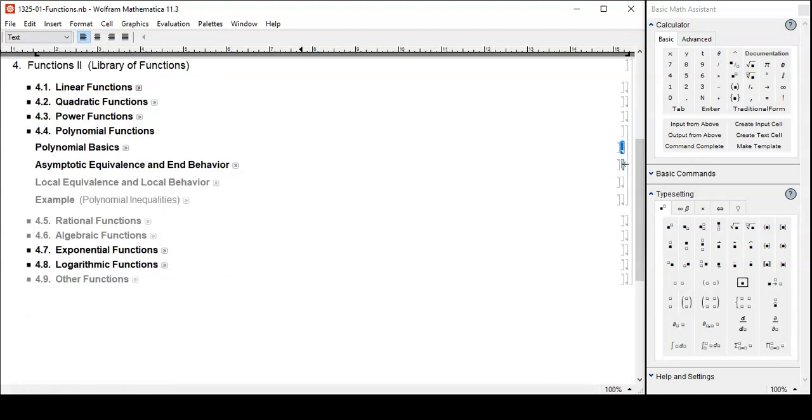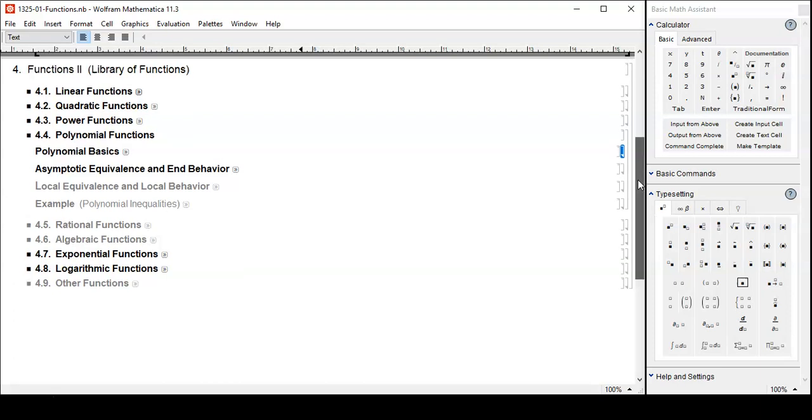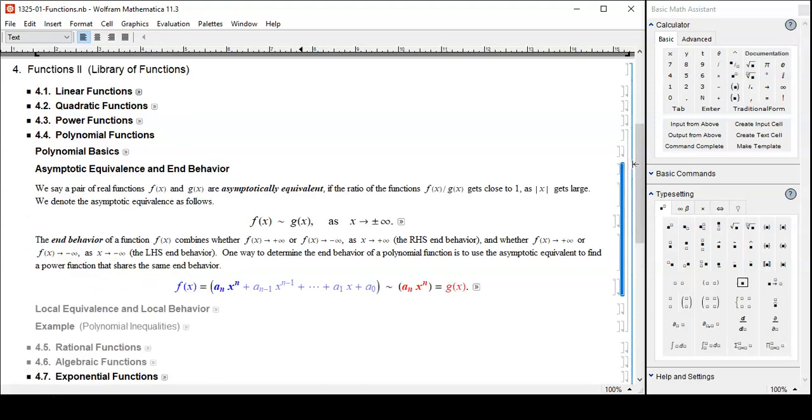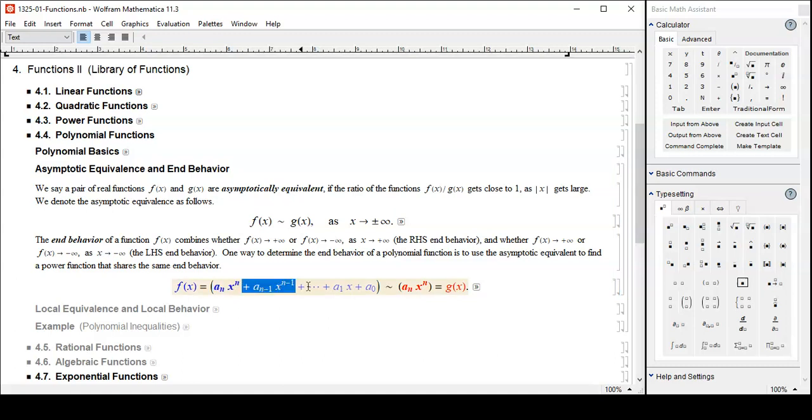Next topic, asymptotic equivalence and end behavior. This too should be familiar to everybody, even though you may not be completely comfortable with the notation. The idea is this. The end behavior is determined by the leading term only. Everything else is just secondary, so you can just cross those out.